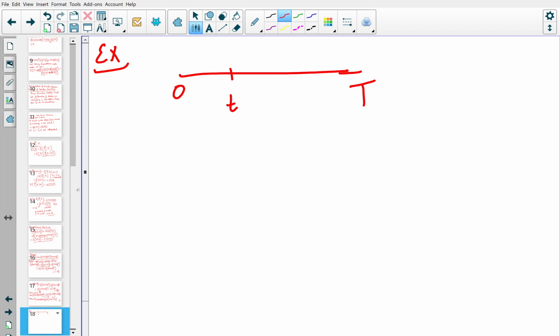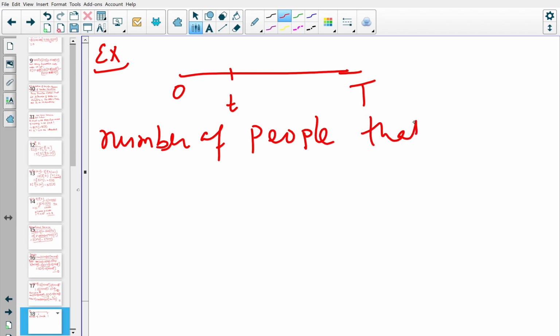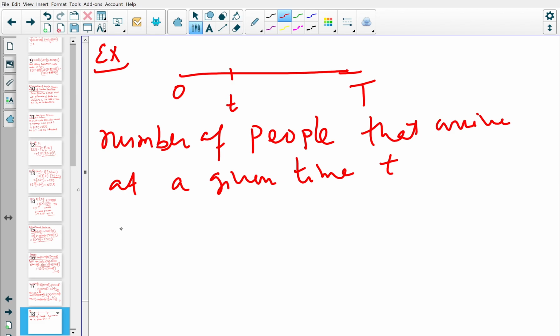So the number of people that arrive at a given time t follows a Poisson random variable, Poisson distribution.